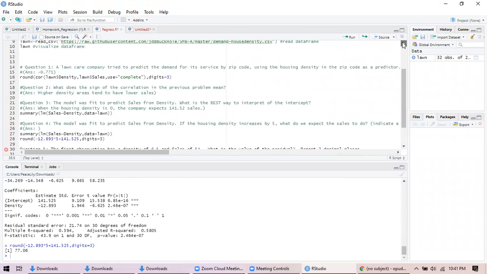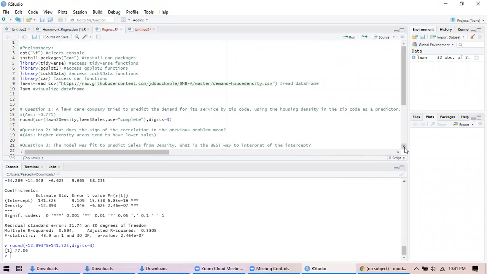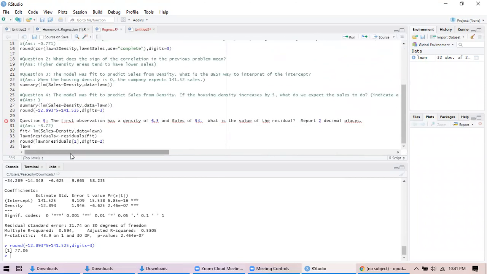So this one, you may have to put a hashtag again in line 30. Line 30, you have to comment that one. Oh, okay, that's why it's giving me an error. Gotcha.